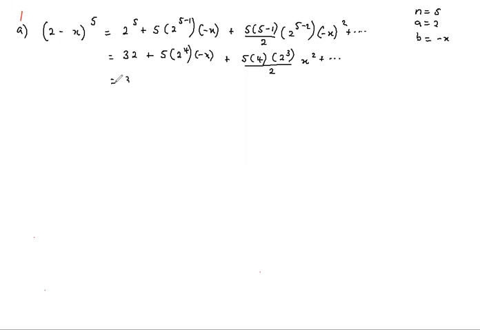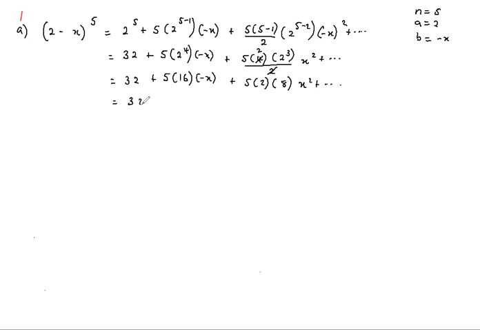So that we get 32 plus 5 by 16 negative x plus 5 by 2 by 8 x squared by 2, because this 2 reduces that 4 to 2.